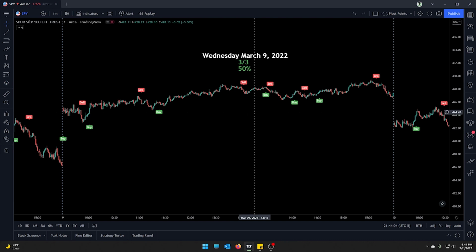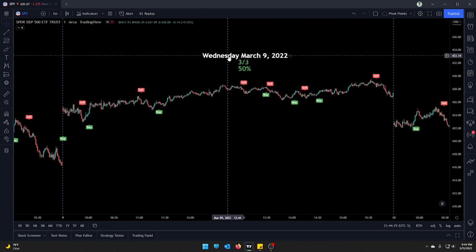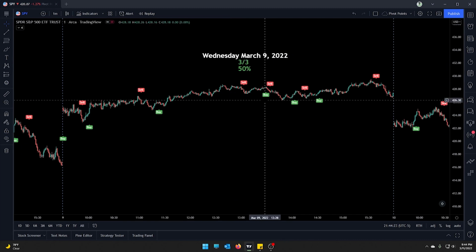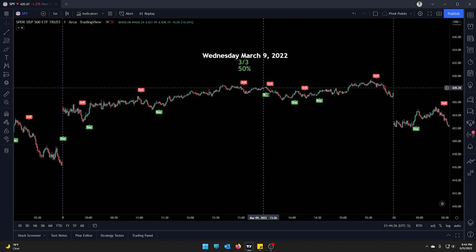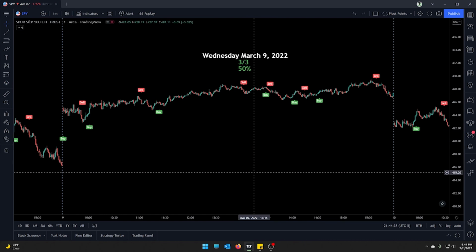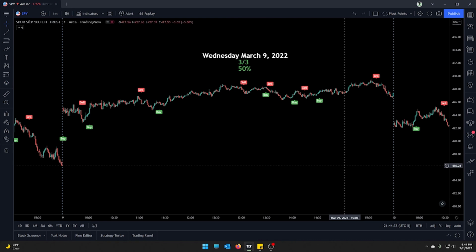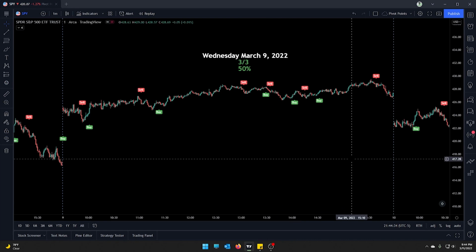It traded sideways for the most part, but the trades that it triggered would have actually yielded you some sort of profit on this particular day, which I was pretty surprised with. So this one was a 50-50 day though. So this was the lowest win rate day of all 5 trading days, but still three wins, 3 losses. So you might have washed on your trading that day.